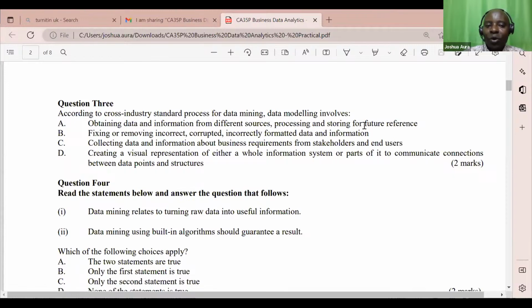When we talk of data modeling, it's creating a visual representation of either a whole information system or parts of it to communicate connections between data points and structures, like y equals a plus bx, the regression equation.